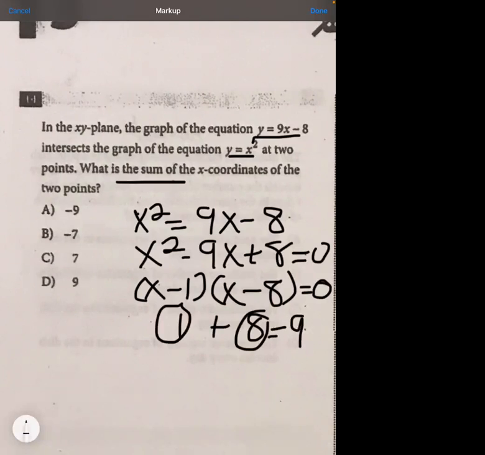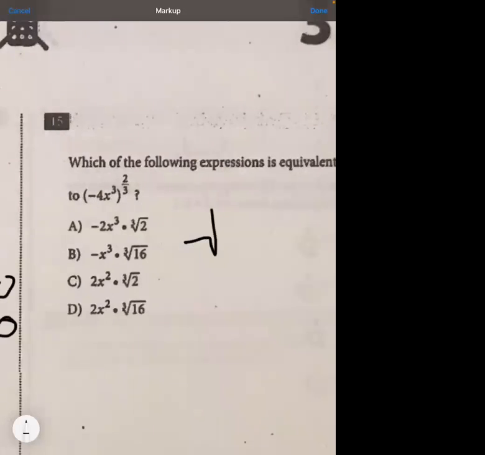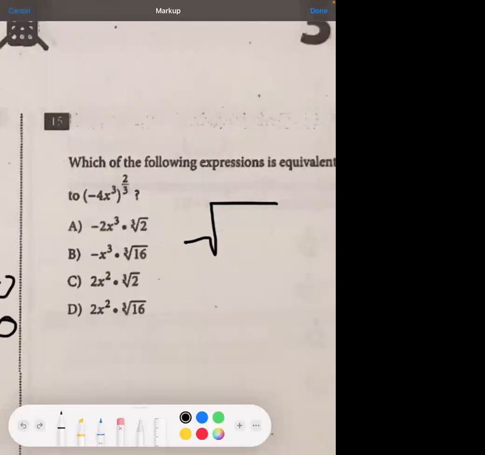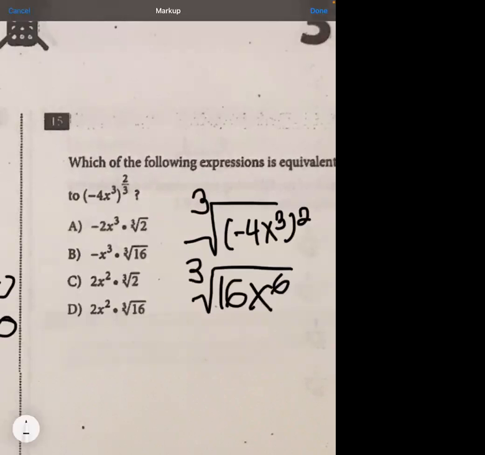I'm going to rush through these because we don't have much time left, but I'll post everything in Classroom afterward. So for this, all we have to do is this, and this is supposed to be the answer.